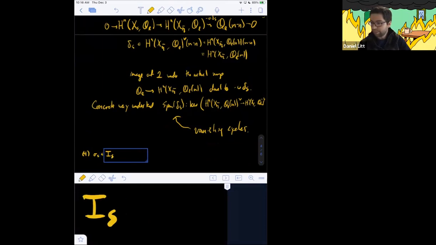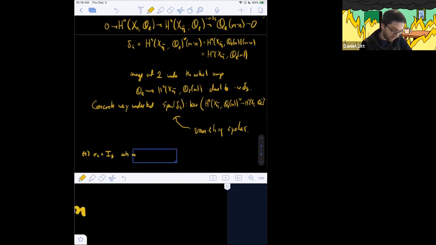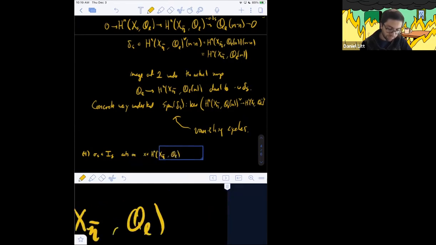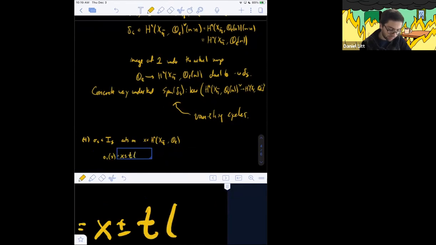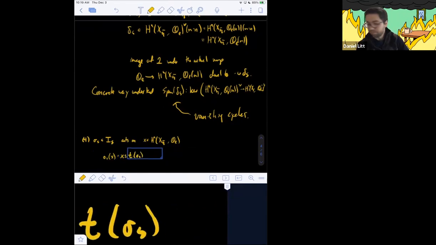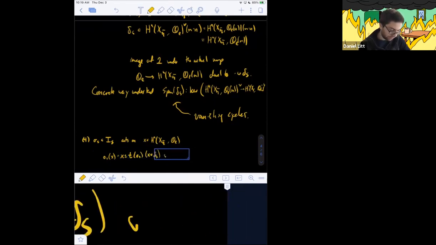It acts on a cohomology class x in the middle cohomology of the generic fiber via sigma s of x equals x plus or minus t of sigma s, x cup delta s times delta s.